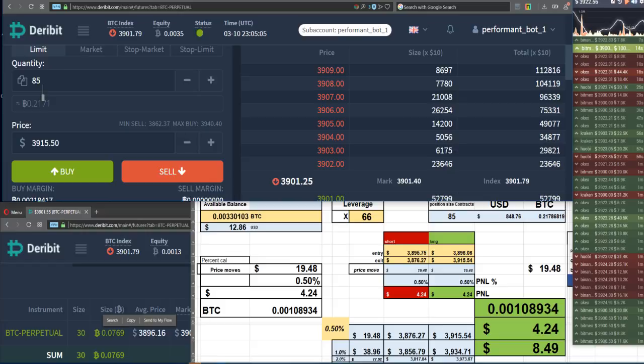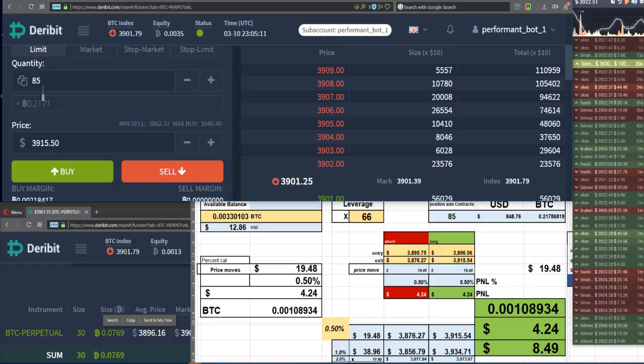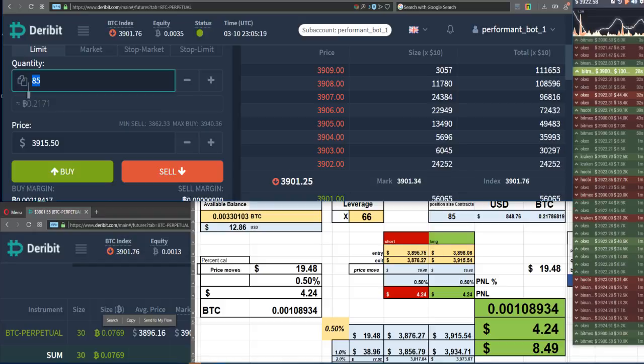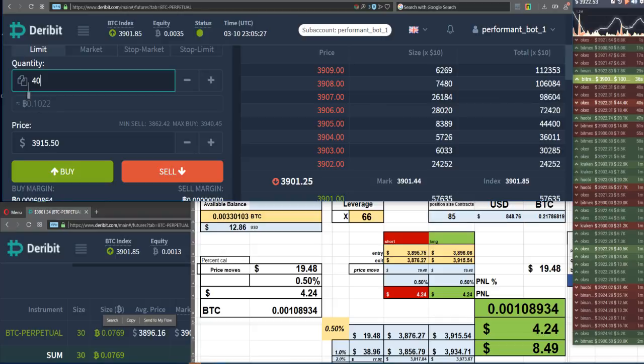Half there, half there. If I do half here and half on the other level, it'll give me $6. So let's do 85. Let's do 40 here and 45 on the other one.